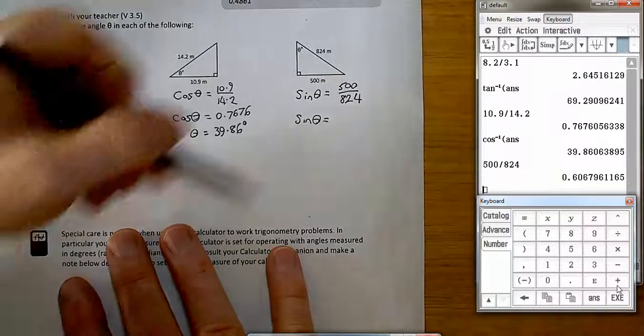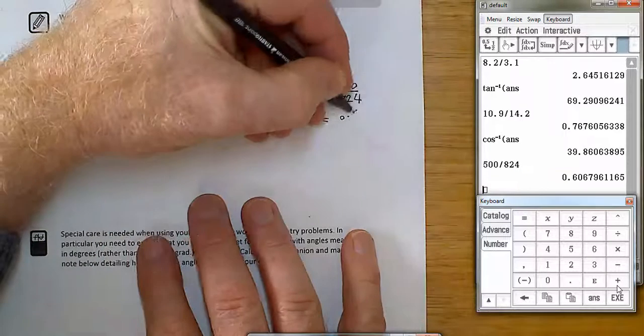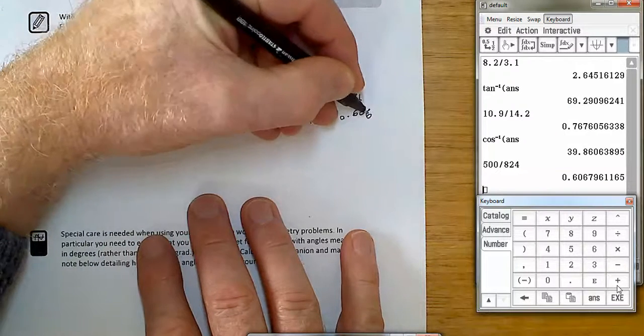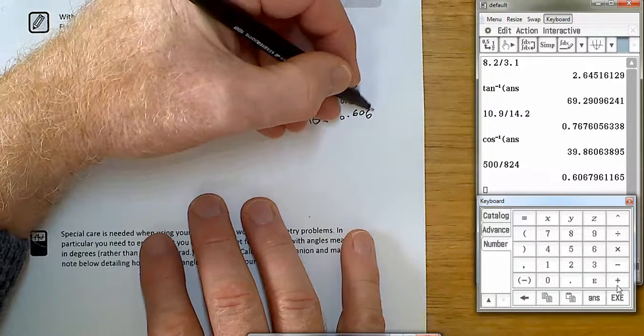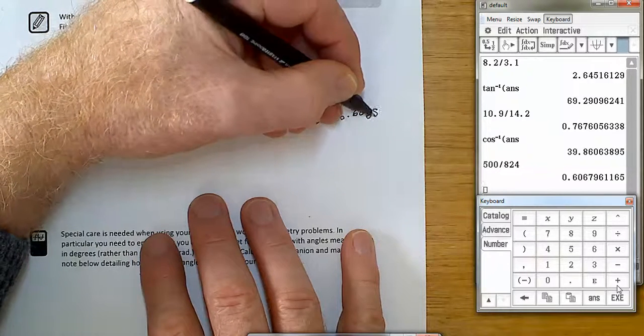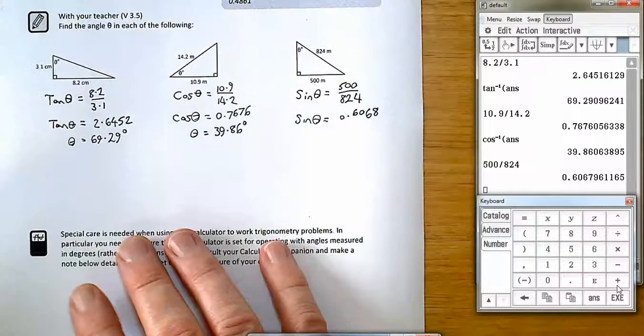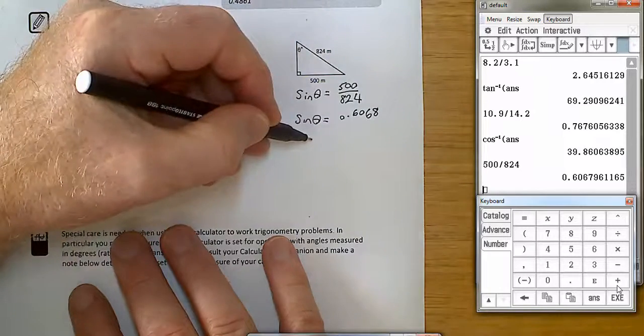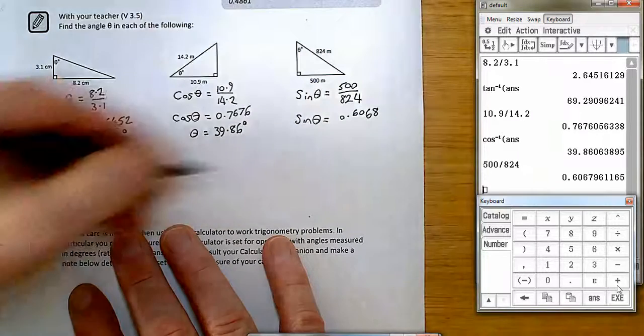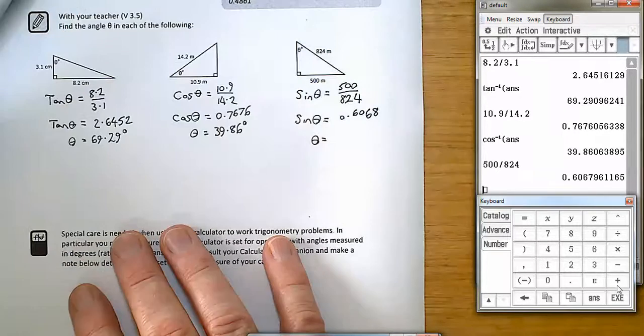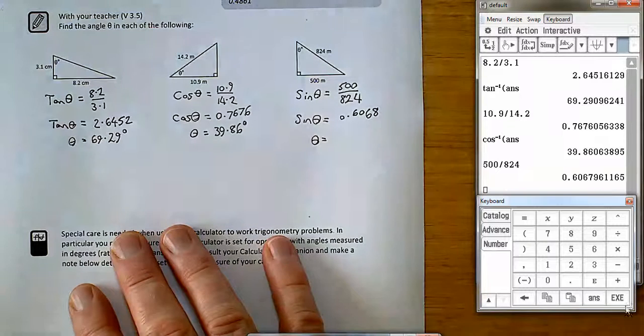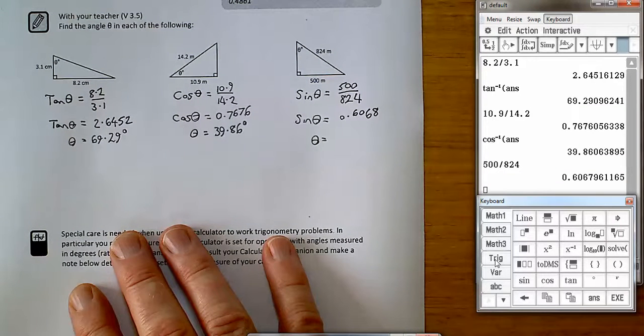Sine of angle theta equals 0.606, rounded off. It doesn't really matter because I'm going to use the whole of that number on my calculator. So that means that theta is the angle that's got this sine value. I can use inverse sine on my calculator. Inverse sine of my previous answer.